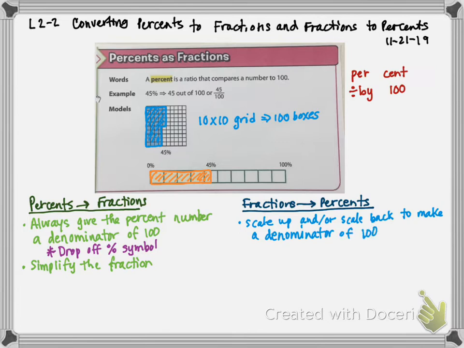Okay, kind of sounds like the same as the other one. So now what we're doing is we're going to create an equivalent fraction to our given fraction, but this one has to have 100 as its denominator.